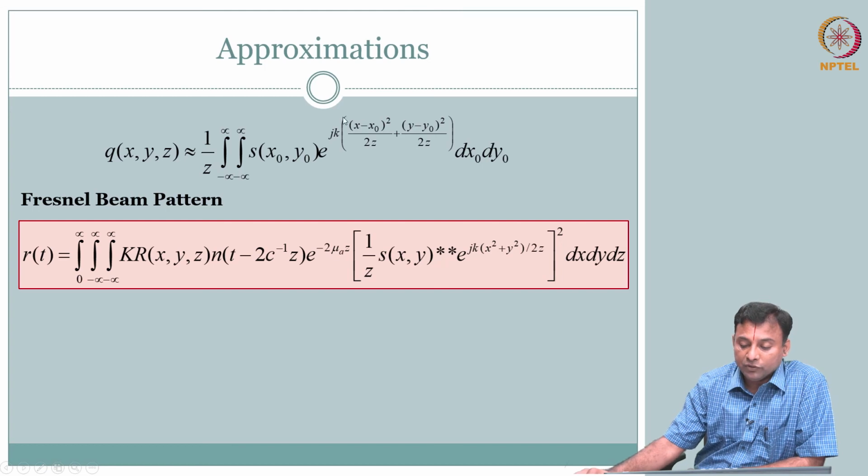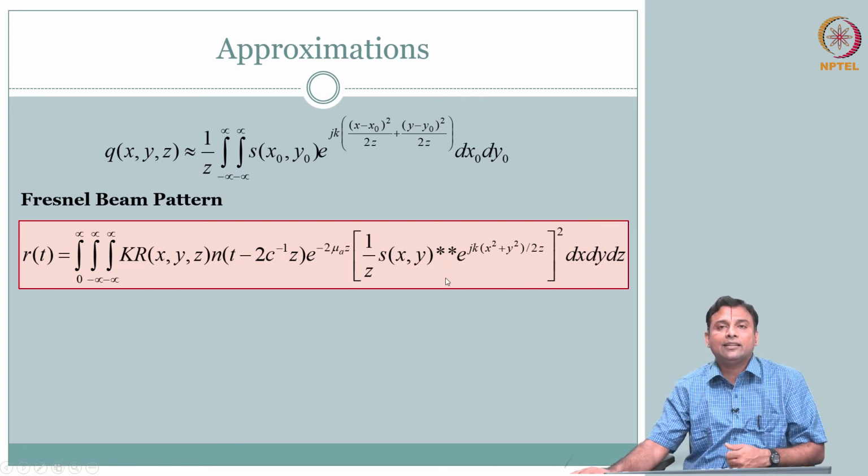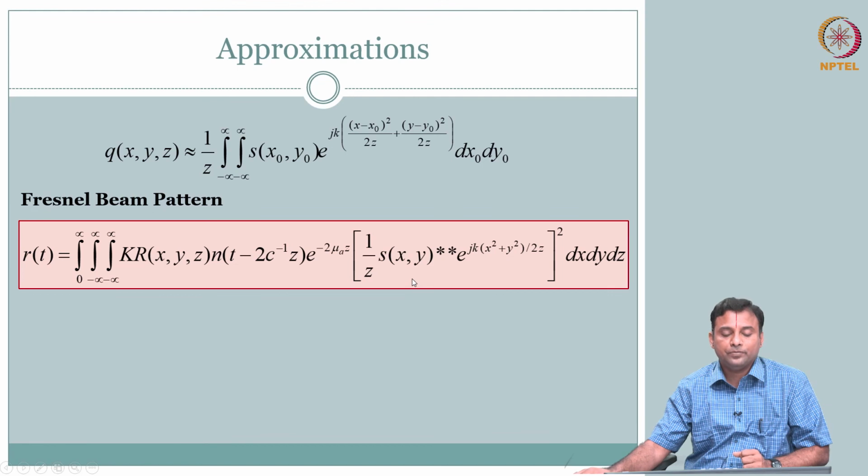If I do that, I get this form. When I get this form, I recognize this is nothing but S of x comma y convolved with this two-dimensional kernel. So instead of writing two integrals over dx naught, dy naught, I have recognized it as a convolution operator. Okay. So this is called your Fresnel beam pattern.